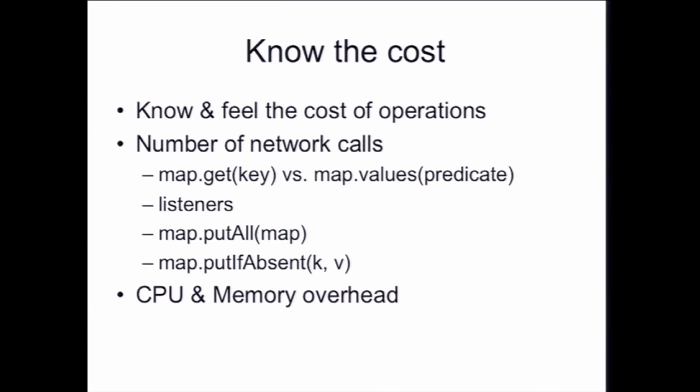Just like when you write a database application, you get the feeling of the SQL statement, like how the select will work, how costly that is. We have to get the same feeling when we are writing distributed stuff. So when you do cache operations, just try to predict the cost.